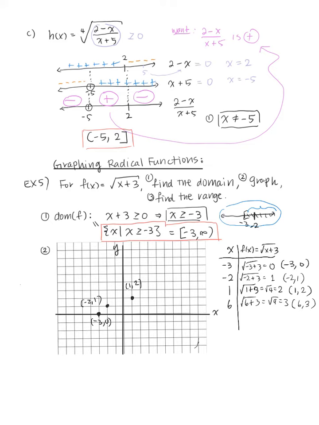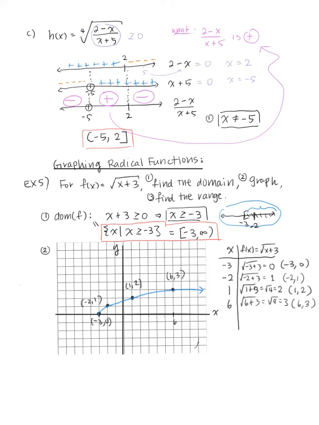Then 6 comma 3. 1, 2, 3, 4, 5, 6 comma 3. All right, looking good. So our graph is going to look something like this. So the tail end of the graph keeps going up and up and up towards infinity. Although the way I drew it looks like it's going to drip down, but it's not. It's still going to keep going up towards infinity.